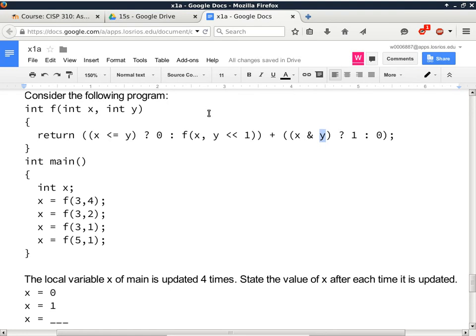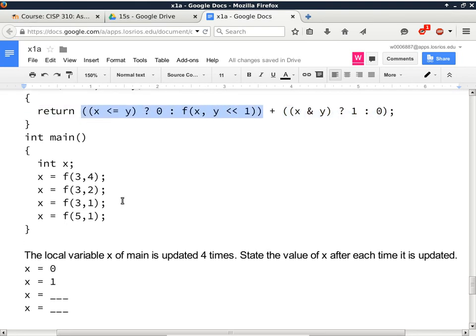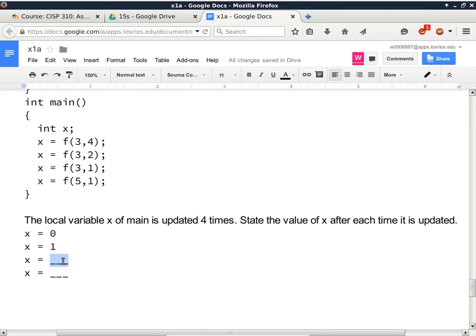Nonetheless, it is a power of 2. So this means the bitwise AND will give you a non-zero result, which also means we have to pick up this value as the value of the second ternary operator. So we have 1 on this side, we have 1 on this side. 1 plus 1 is 2. So the answer is 2 here.